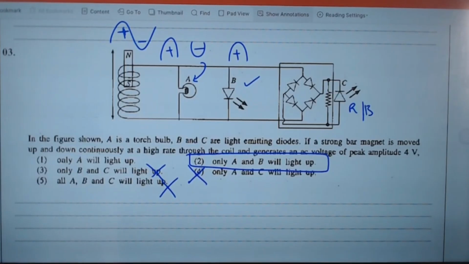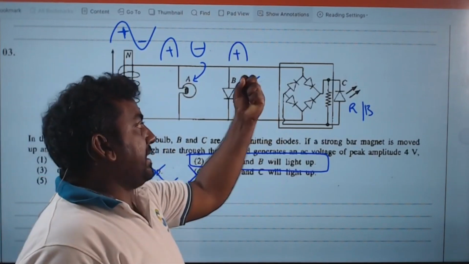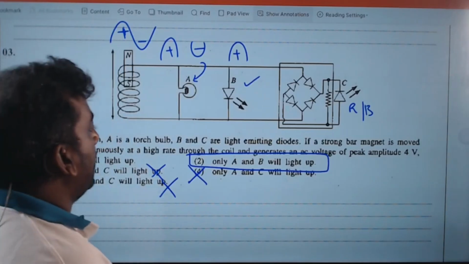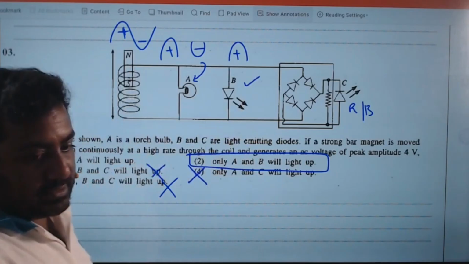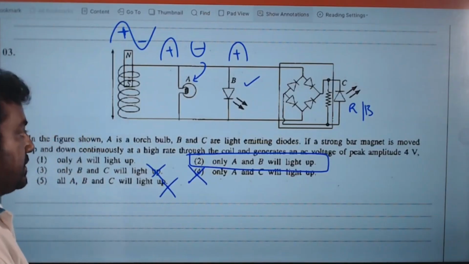B will illuminate only in the positive half, because in the negative half it will be reverse biased.